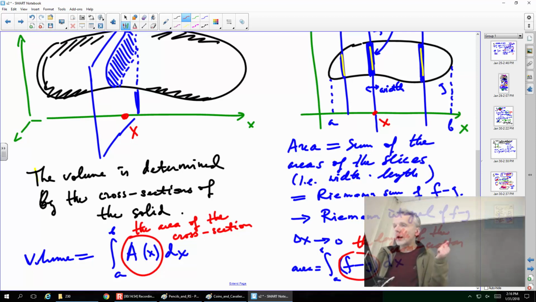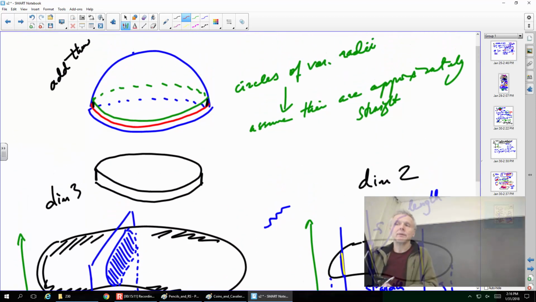Okay, so one more, I guess, in order to see why this works out on the left. The plan is once again similar to what we have on the right. The cutting produces slices, just like we have over here.